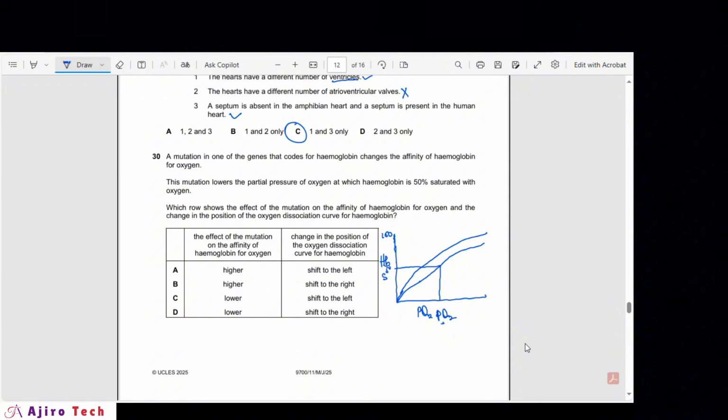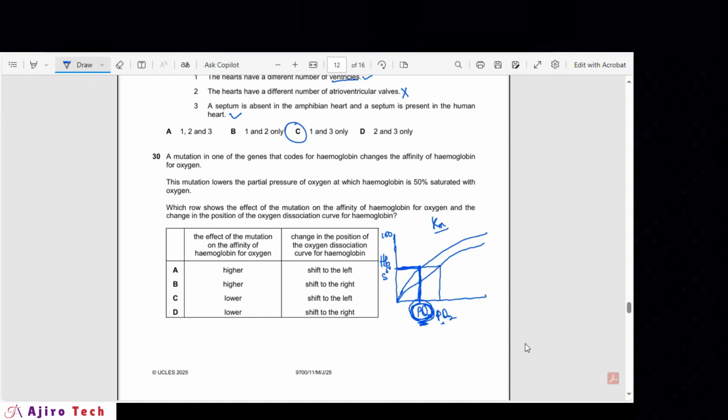So if we check 50% saturation, can you see? It is still 50% saturation, but with a lower partial pressure of oxygen. Partial pressure of oxygen has reduced. So that means that the protein is 50% saturated at a lower partial pressure of oxygen, similar to Km.